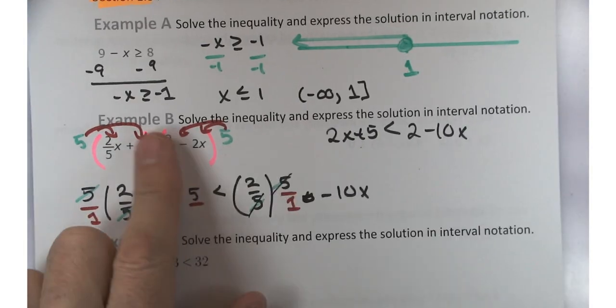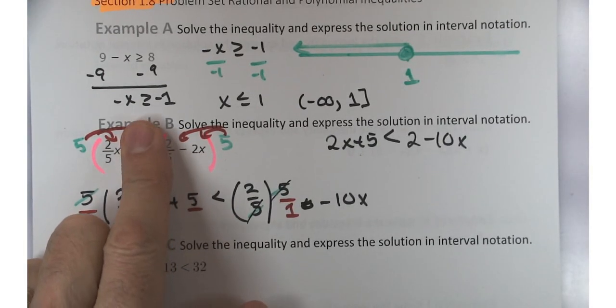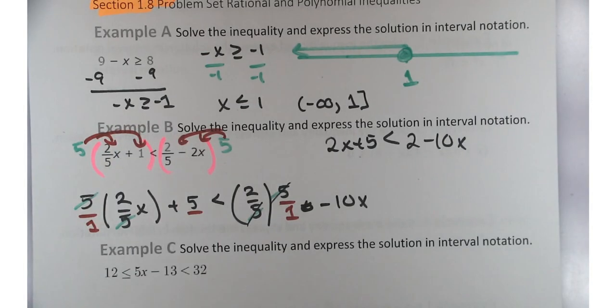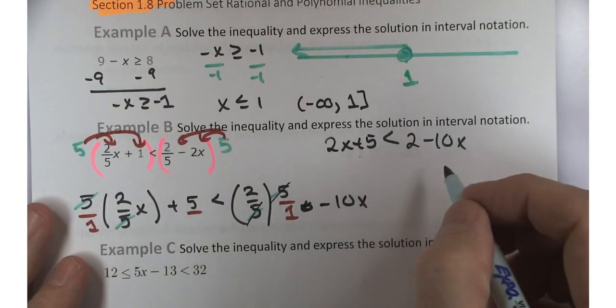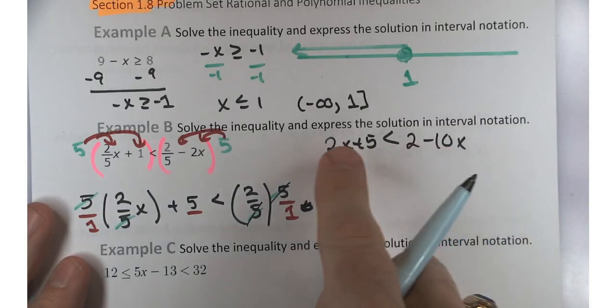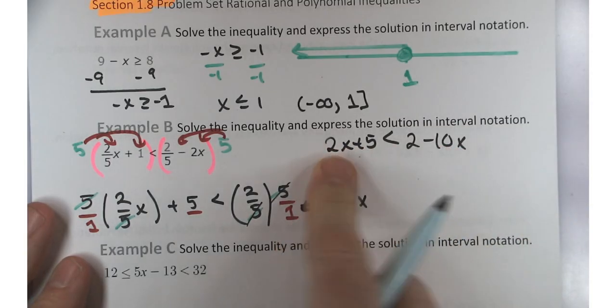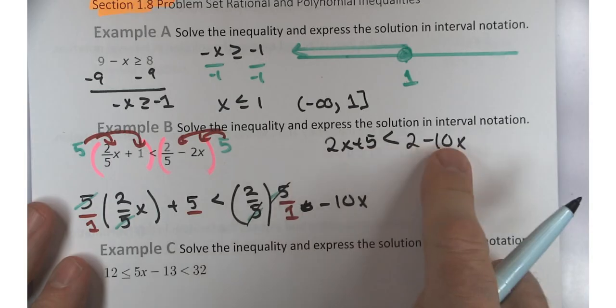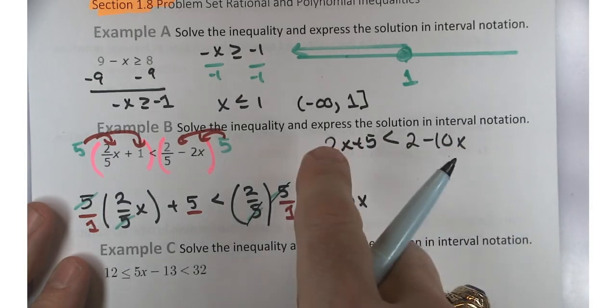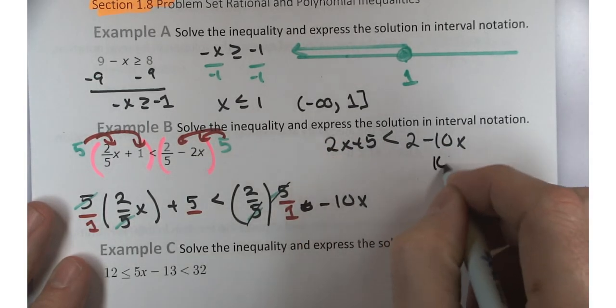Now you saw up above that when we dealt with the negative in terms of our inequality, you had to reverse the sign. You can avoid that, and it's probably a good thing to do to avoid negative numbers where possible. We can avoid that by moving the variable to the side with the larger coefficient. Since 2 is bigger than -10, we're going to move the x's to the left-hand side by adding 10x to both sides.